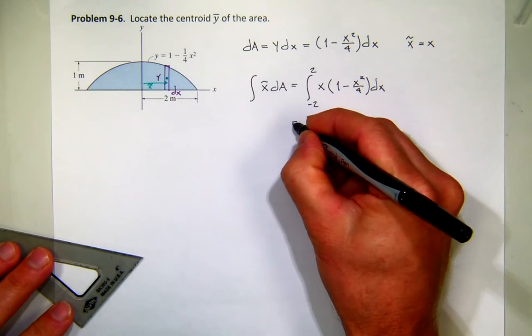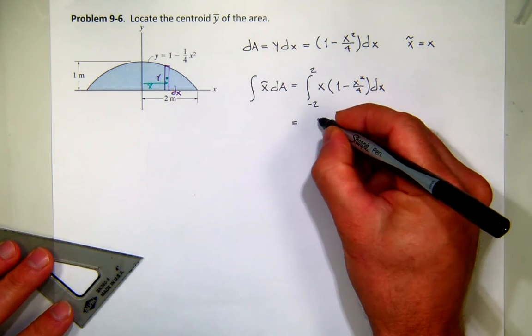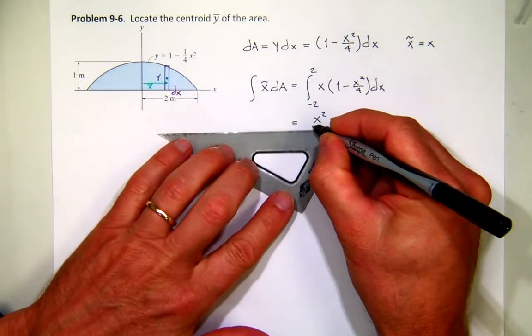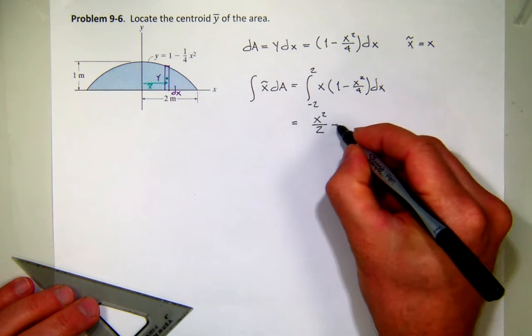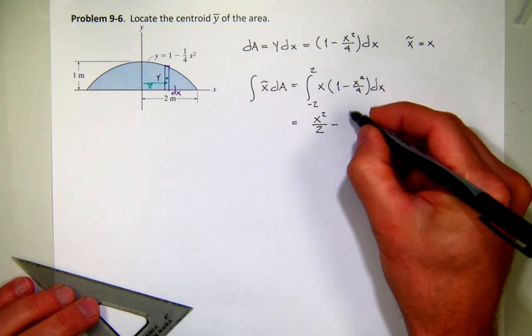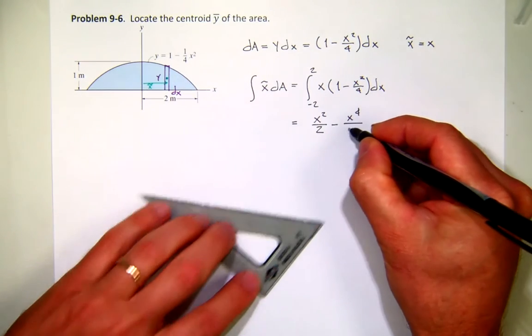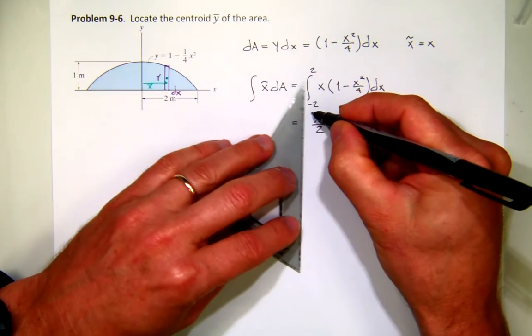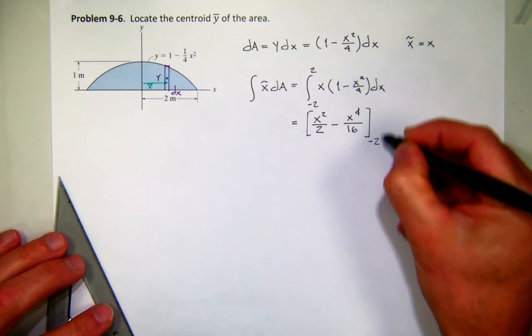So let's see if I can pull this off. The first term is just x, so when I integrate that, it should be x squared over 2. The second term is minus x cubed over 4, which will be x to the fourth over 16. And you'll evaluate the whole thing from minus 2 to 2.